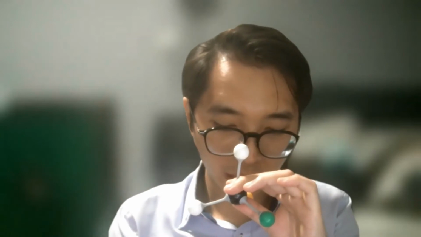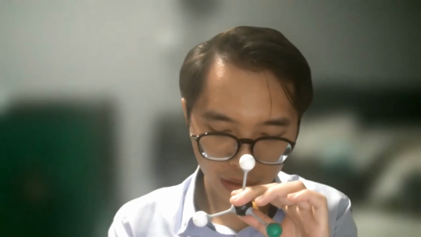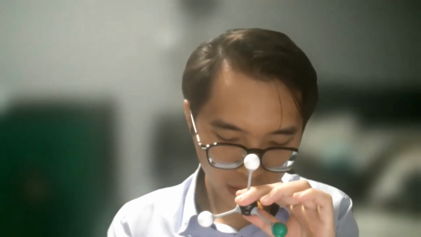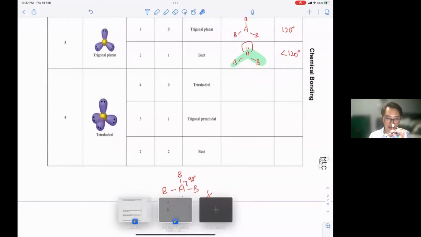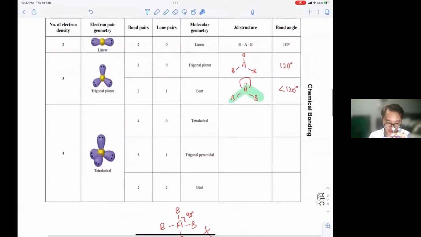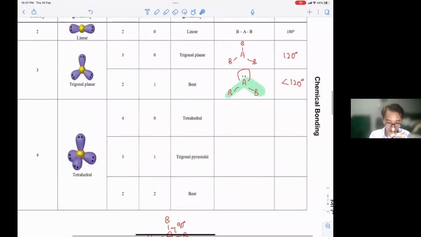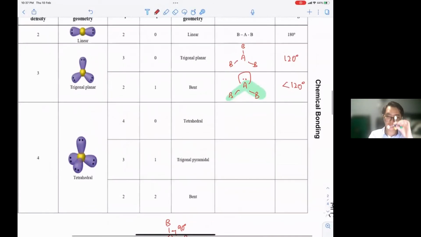Now, how do we represent this in the drawing? So this is how you draw for four electron regions, four bond pairs. The white color balls, as you see on the screen, are in the plane, so we represent them with single lines. Single lines mean they are in the plane. Can you see these two?